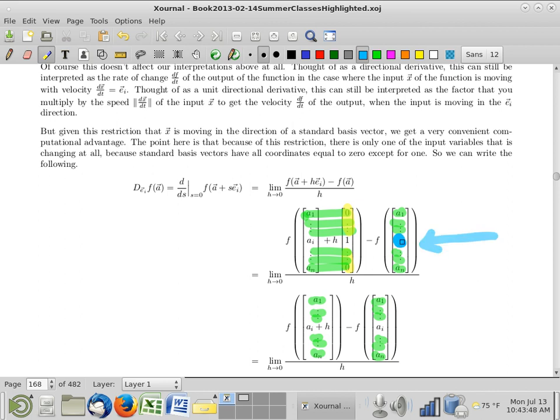It's A_i there, the starting value, and it's A_i plus h over here. So that's the variable that's actually changing. As we're computing this limit that is the definition of a derivative, only that input variable is actually changing at all.